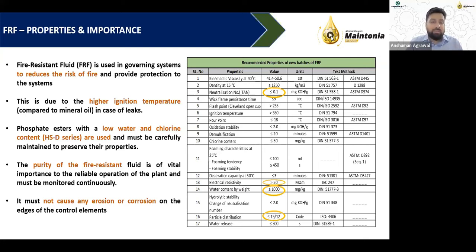So even after the usage of these OEM fitted regeneration or reconditioning systems, why exactly is this happening? What is the reason that the parameters of particulate distribution, water content, or even total acid number are increasing?